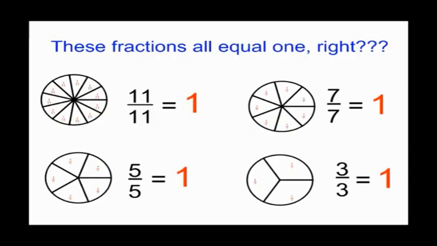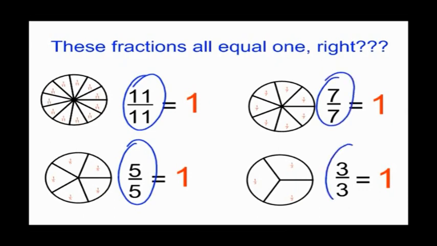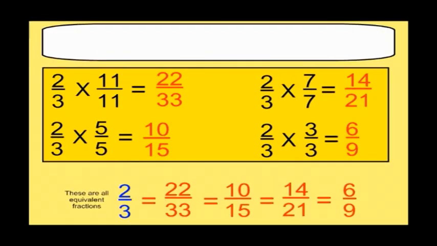Well, that's real important. All of these fractions here are equal to 1. 11/11ths, 5/5, and so on. All of these equal 1, which means if we multiplied something times these fractions, it won't change the identity of that number. For example, if we took 2/3, all of these fractions right here are the same as 1.